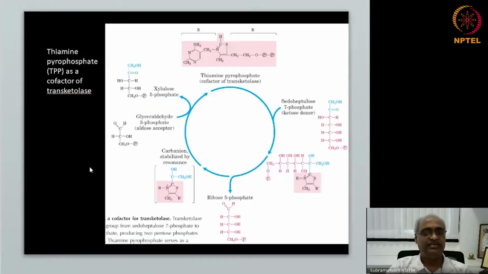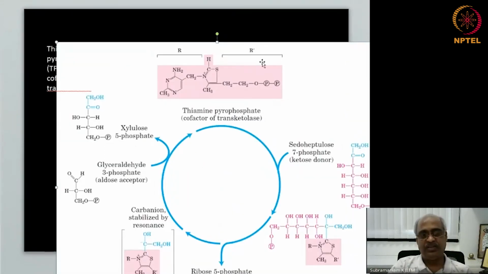All right. So now we will focus a little bit on the transketolase enzyme, because this enzyme we will probably not encounter much elsewhere in biochemistry, but this is an important group transfer reaction. So therefore I want to go through it in some detail, not great detail, but some detail. So this molecule is very familiar to us.